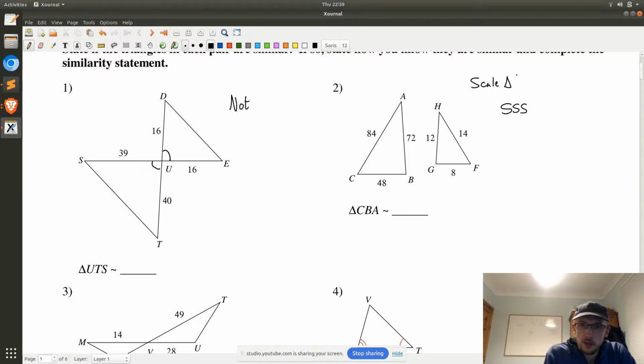Scale triangle FGH by 6, then it's congruent by SSS.